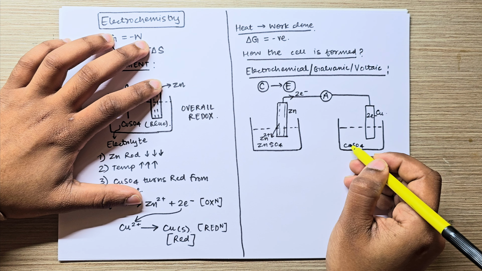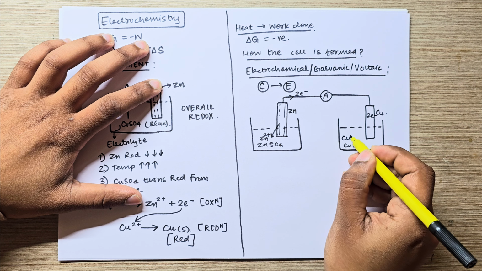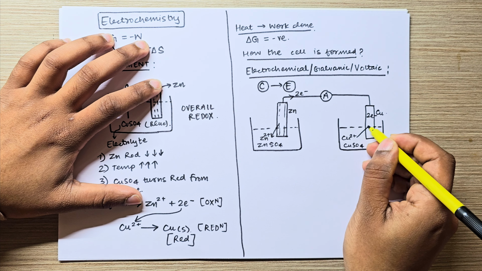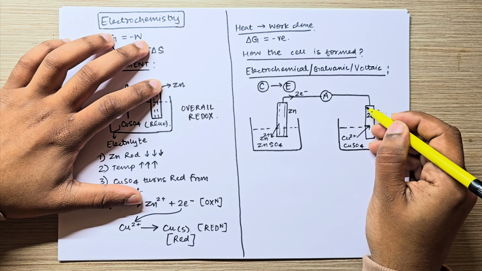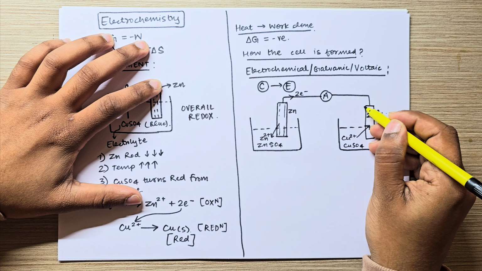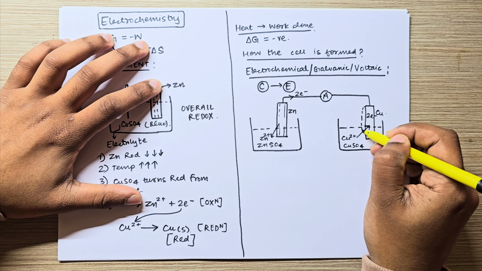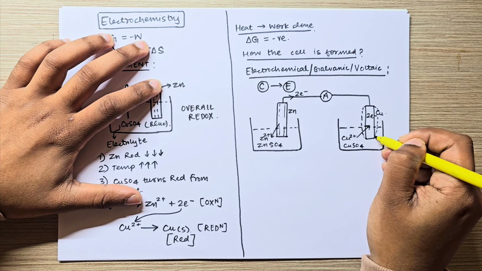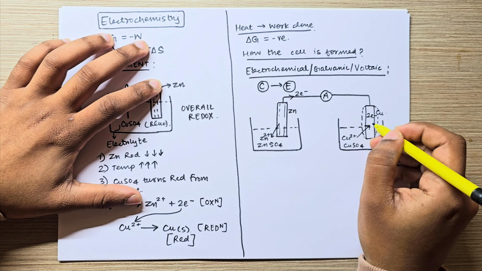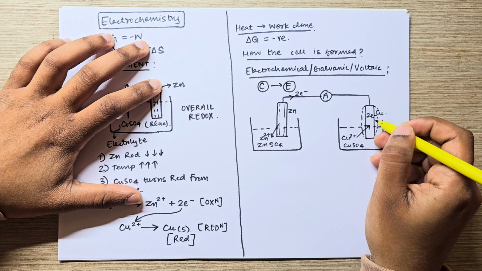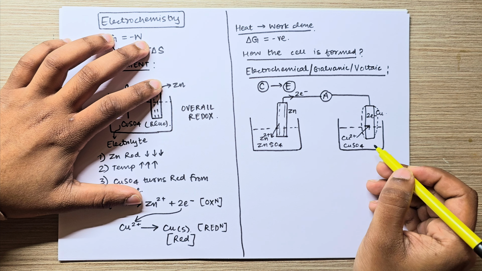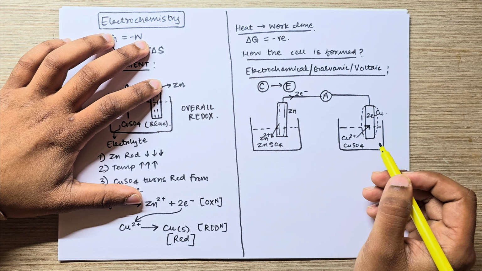In this solution, Cu2+ ions are there, and seeing these two electrons, they accept them, and after some time you will see that this electrode becomes thick. It becomes thick because copper ions are deposited due to the addition of electrons, and addition of electrons is nothing but reduction.